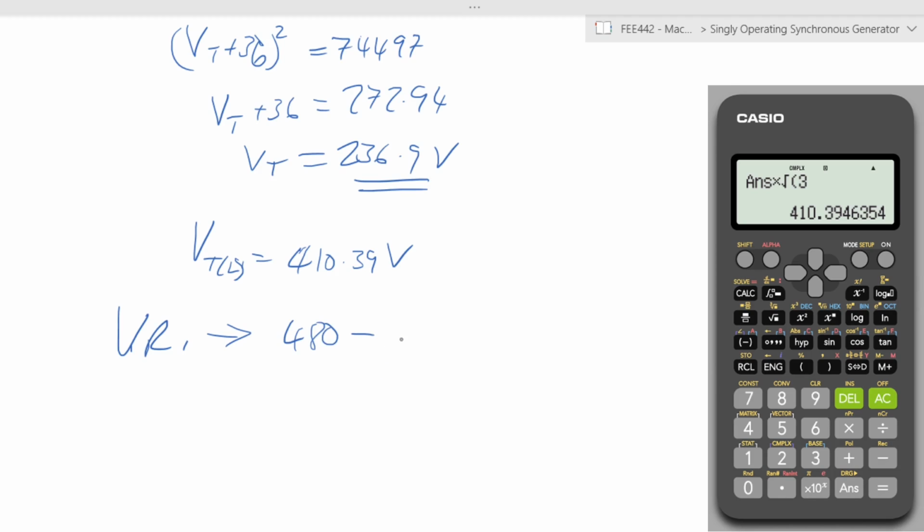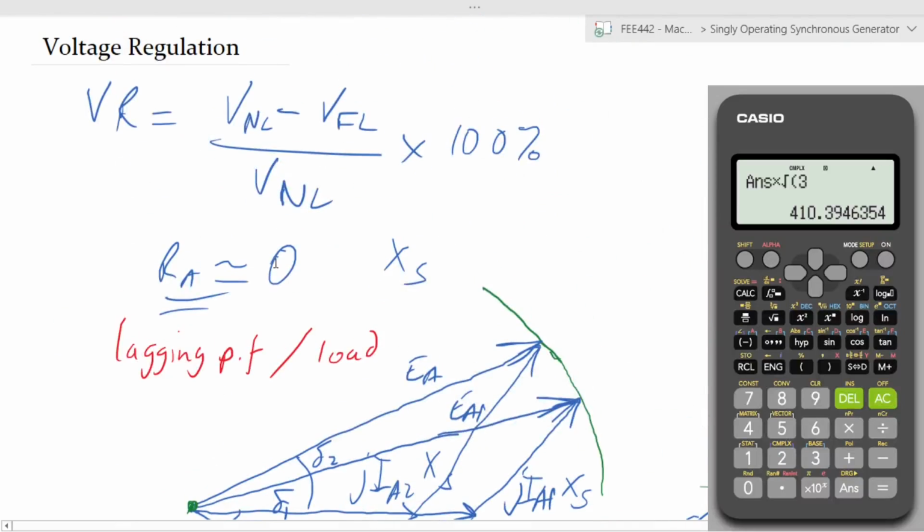Minus your full load voltage, which is 410.39, over your full load voltage 410.39. Is that the formula? It's supposed to be no load.